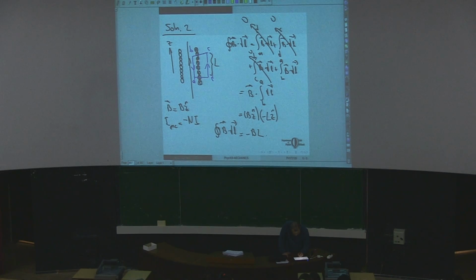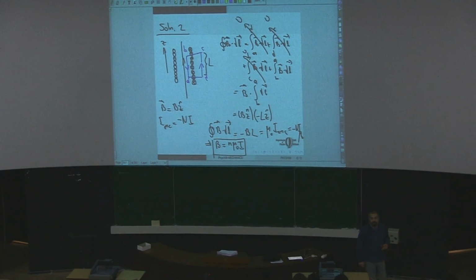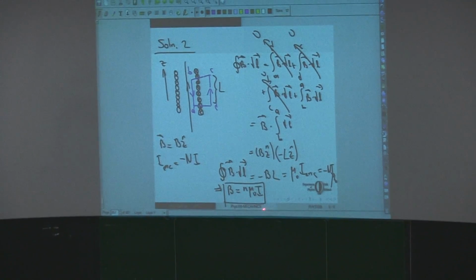So this B times L should be equal to mu0 times I enclosed, which is minus Ni mu0. So again, we get B is equal to N mu0 I. Changing the orientation of the loop didn't change our result.